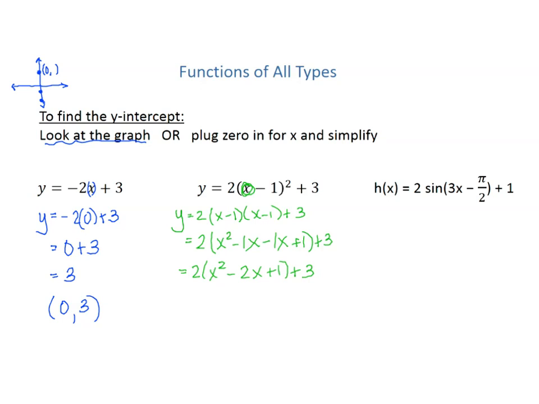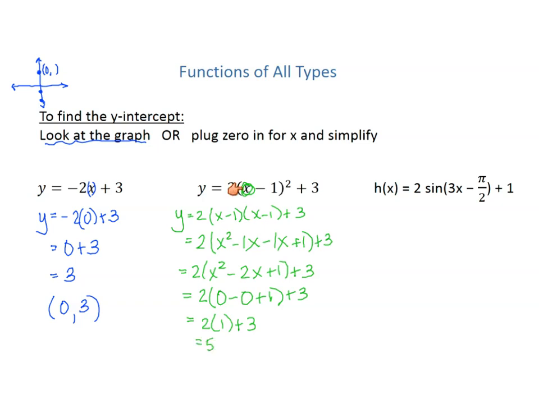So if I put 0 in at the place that I am right now, I would have 2 times (0 minus 0 plus 1) plus 3, and that would give me 2 times 1 plus 3, which would give me 5.